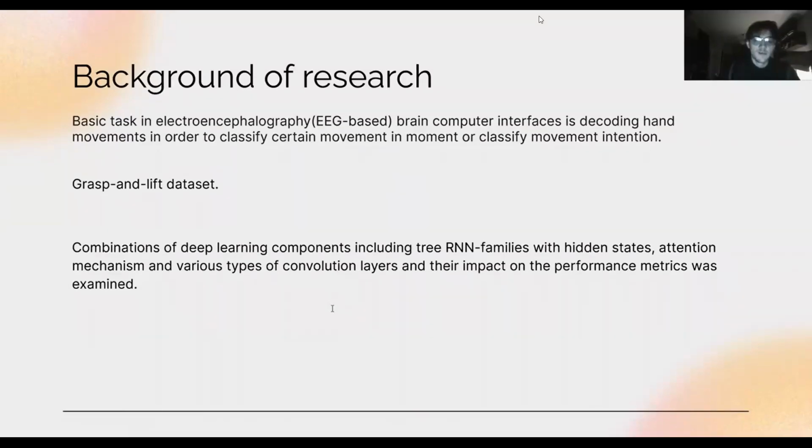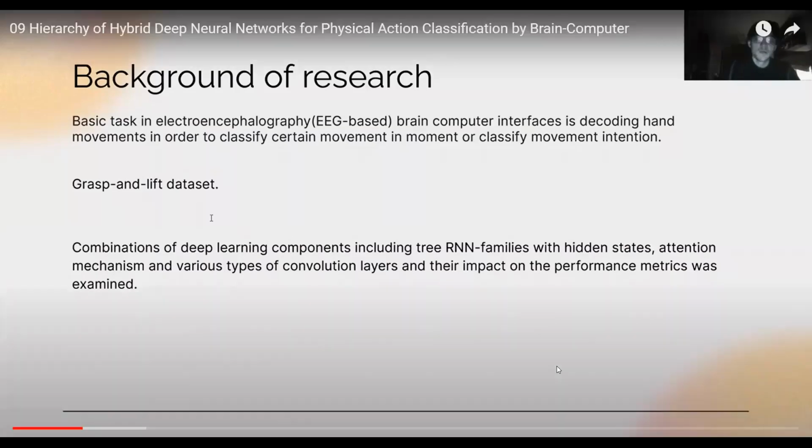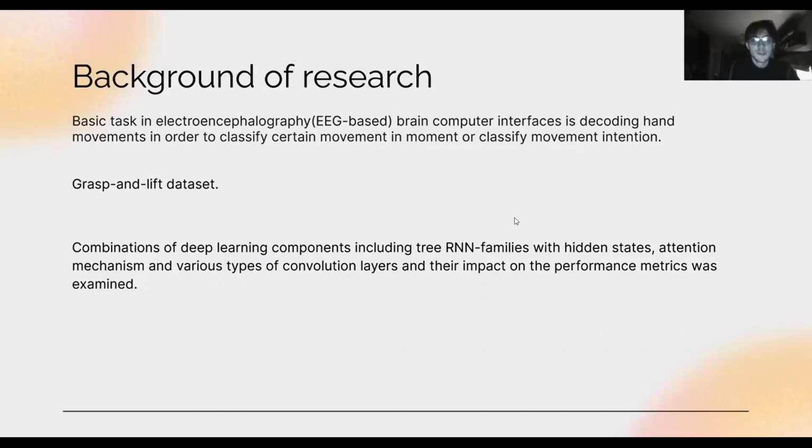There is a widely used grasp and lift dataset which gave us the opportunity to build models and examine them. So combinations of deep learning components, including 3 RNN families with hidden states, attention mechanism and various types of convolution layers, and their impact on performance metrics were examined.